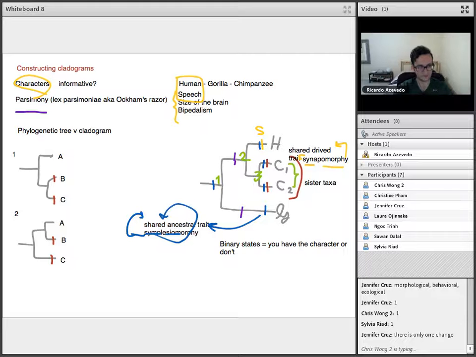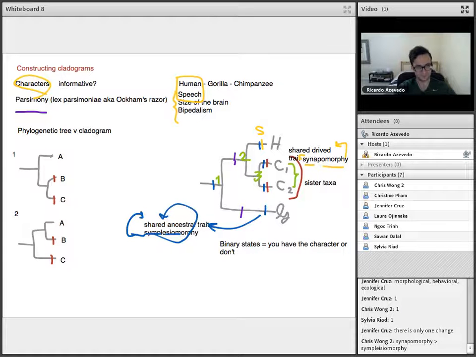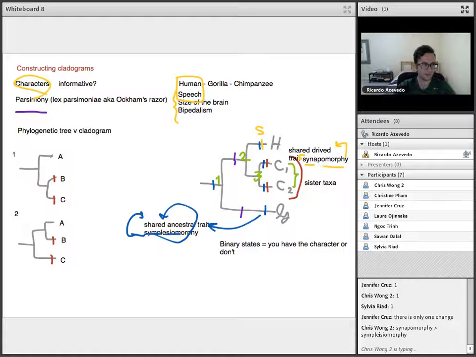All right, A, B, C, here. B and C. And in each tree, there are a number of changes that resulted in you constructing this tree.